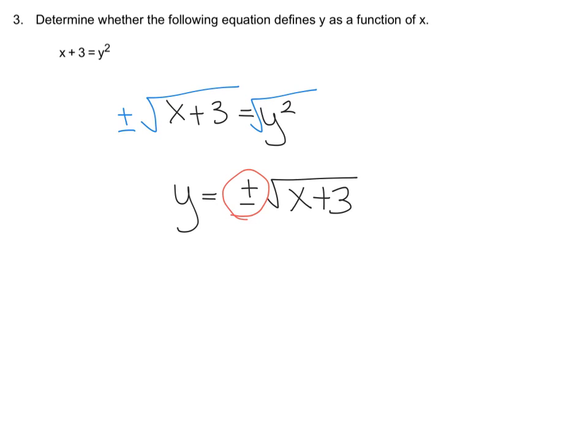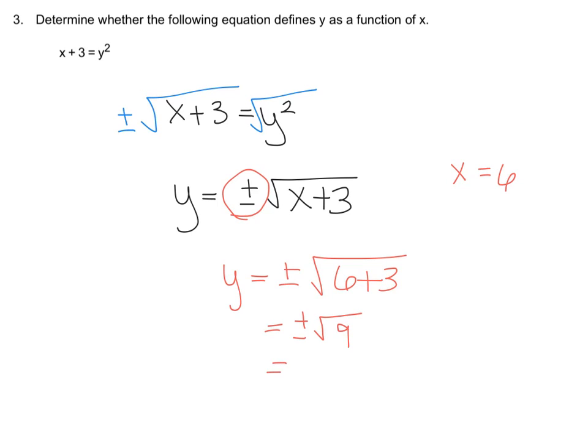For instance, if we let x equal 6 and solved for y, we would get y equals plus or minus the square root of 6 plus 3, which equals plus or minus the square root of 9, which equals a positive 3 or a negative 3. So as you can see, I only plugged in one value for x, but I got two values for y. So that means that no, the equation does not define y as a function of x.